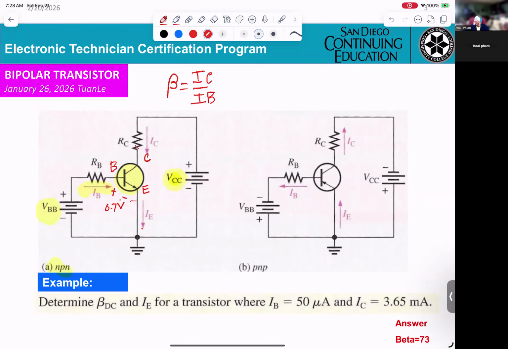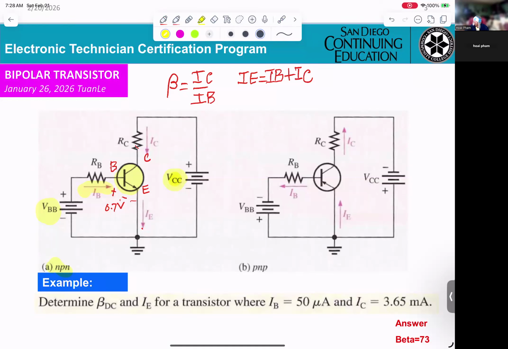And also you can get IE equal IB plus IC.